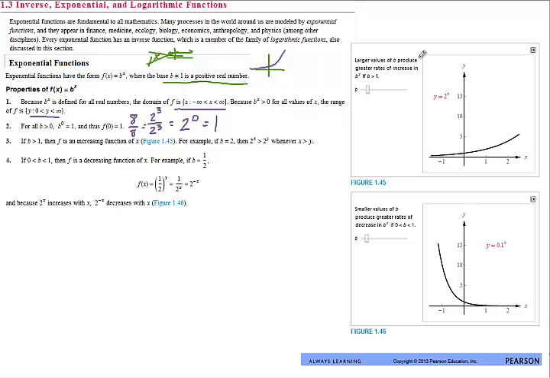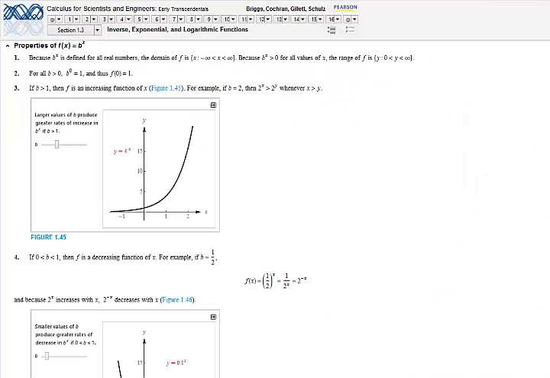Now let's look at property 3 by looking at our graph. Property 3 makes the assertion that this is an increasing function, meaning that as I walk along the x-axis from left to right, just like I read, the y values are increasing, and that is indeed true.